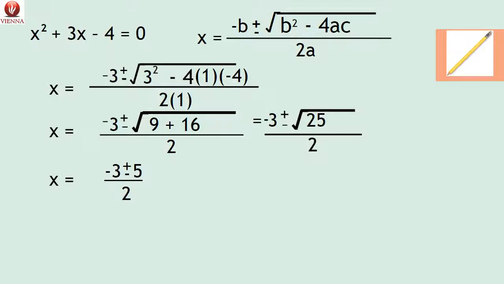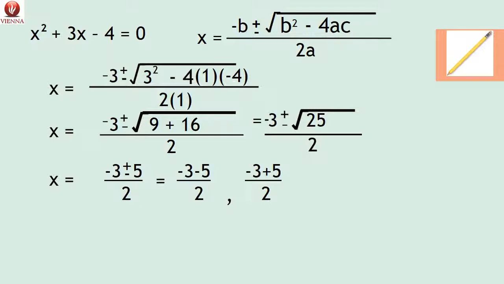Now the plus or minus indicates that there will be two values for x. And that's always the case with the quadratic formula because of the plus or minus that's in the formula. So we literally break this out so that we have negative 3 minus 5 over 2, and then we're going to have negative 3 plus 5 over 2. All right, so we just work those out like this.